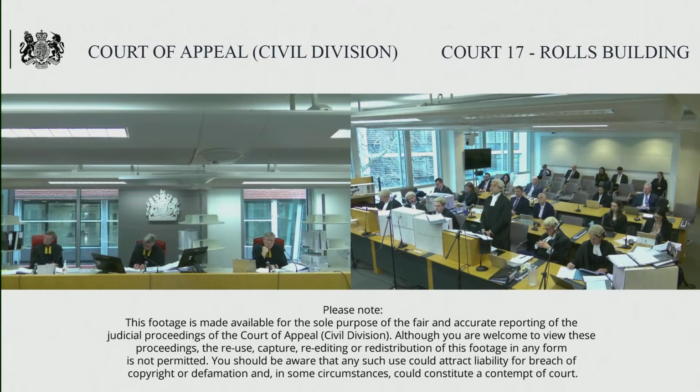If you receive a lot of grant income in your normal business, then if that grant income tails off as a result of a peril, well, you've got no cover for that.